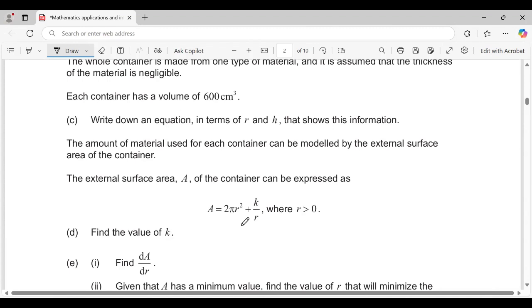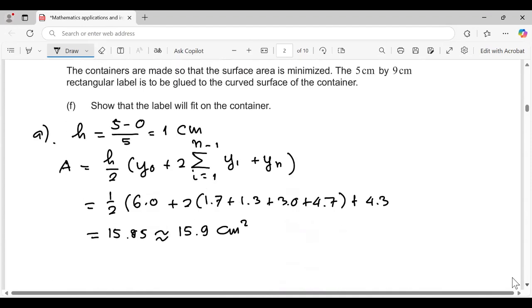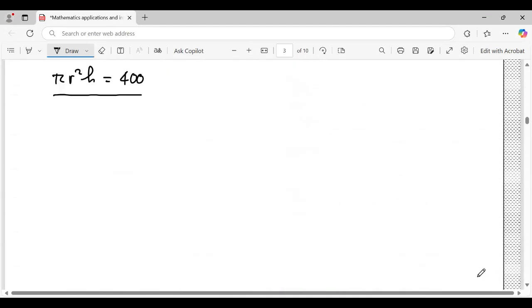Find the value of K. From part C, pi r squared H equals 400, so H equals 400 over pi r squared.